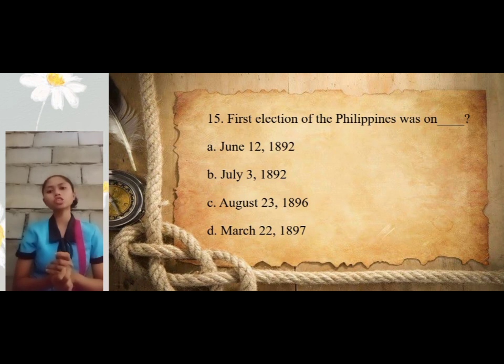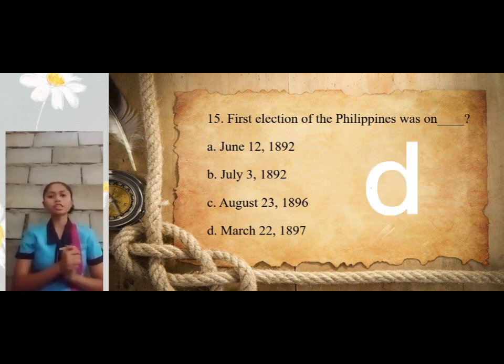First election of the Philippines was on, the answer is letter D, March 22, 1897. So, nothing happened on June 12, 1892, but on June 12, 1898, Philippine independence was declared. On July 3, 1892, Dr. Jose Rizal founded the La Liga Filipina.